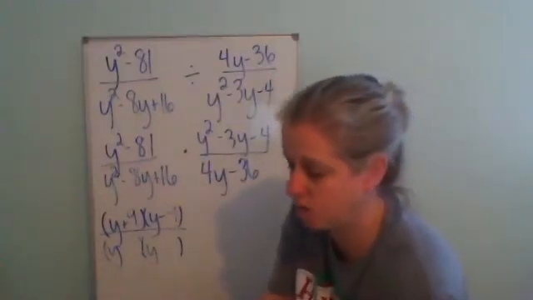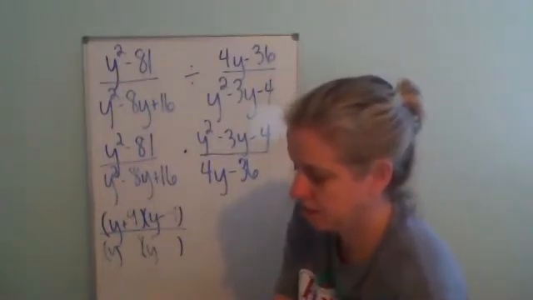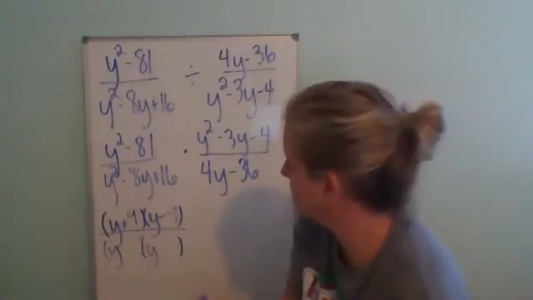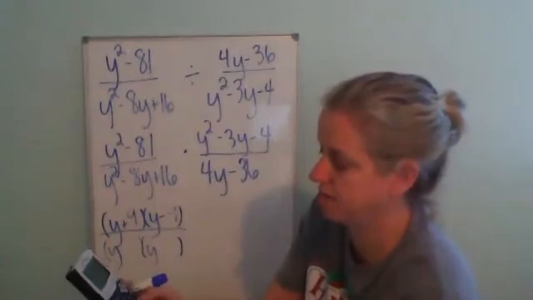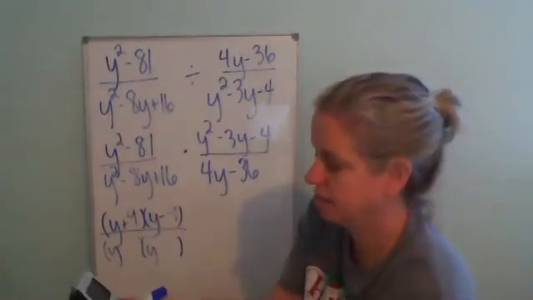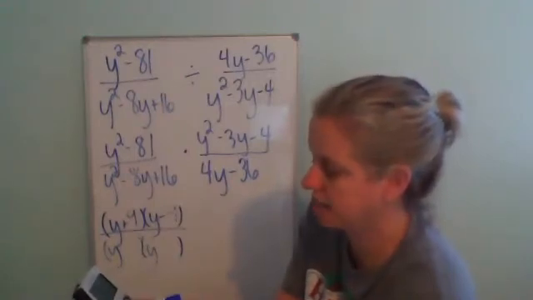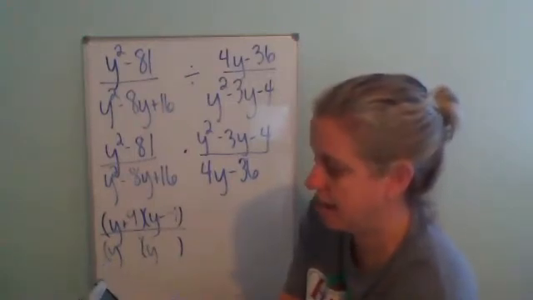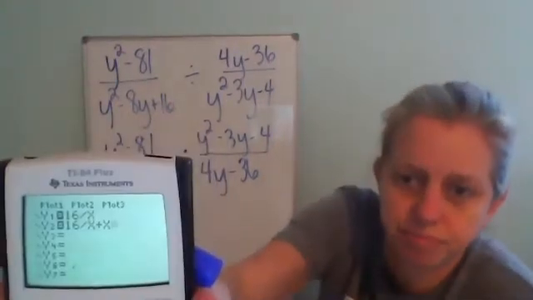Go to your y equals, and clear it out from our last problem. Put 16 as the number you want to put in. So 16 divided by x, and in the second y, 16 divided by x plus x. So it should look like this.